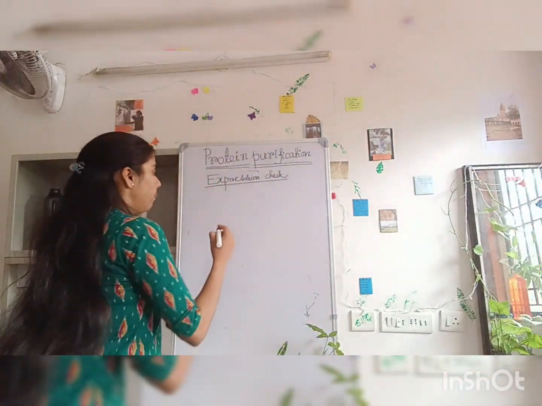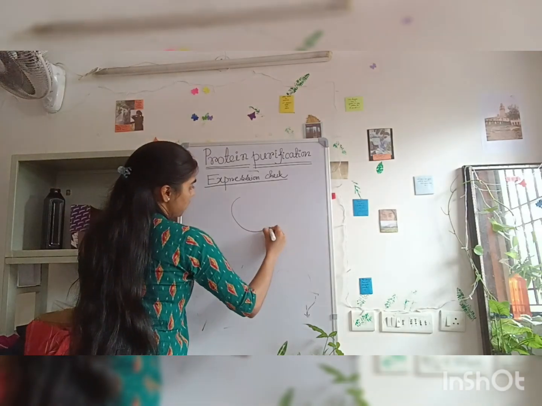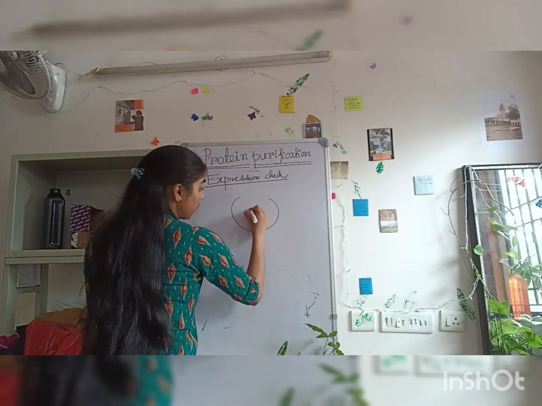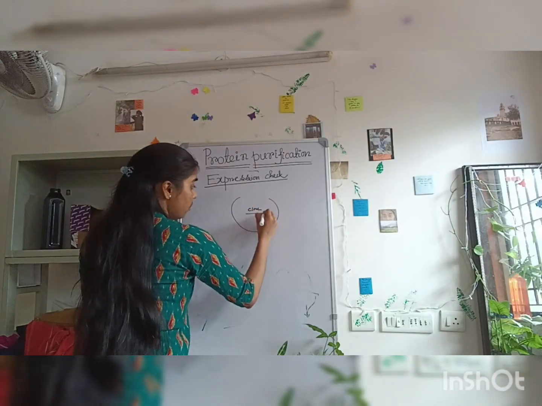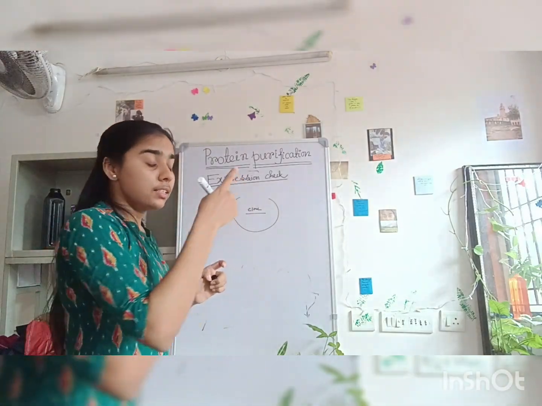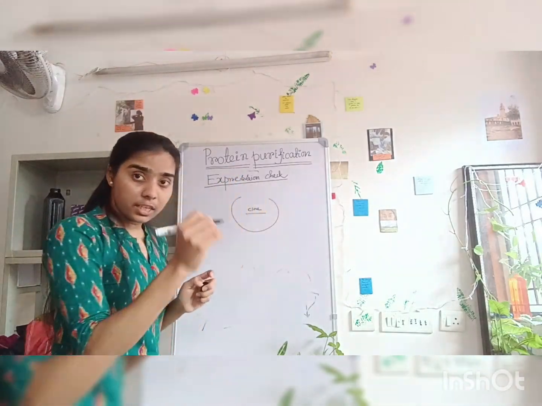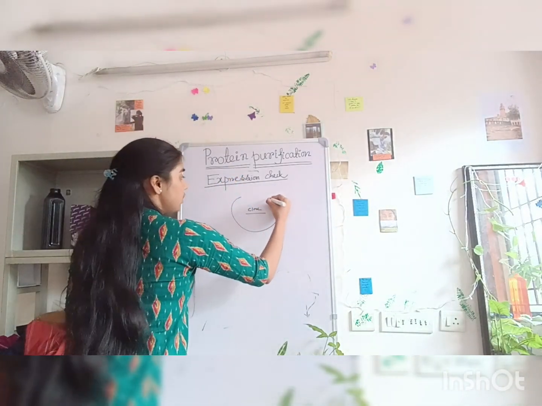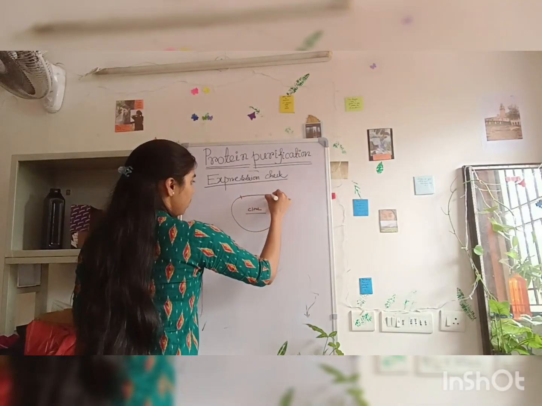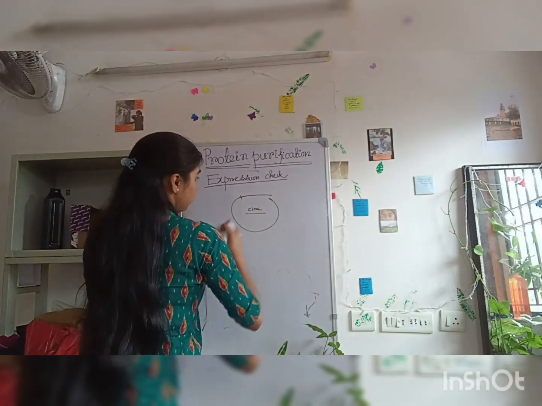Let's say you have put in the expression strain this clone that you have made already just before the expression check and transformation. So this is the clone and this is your gene of interest.